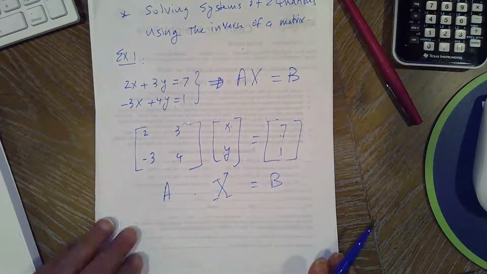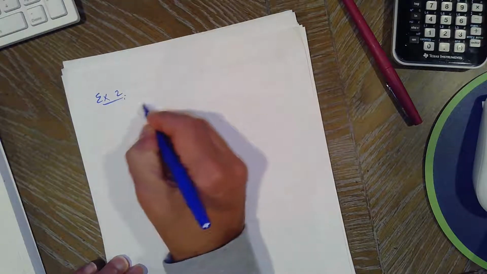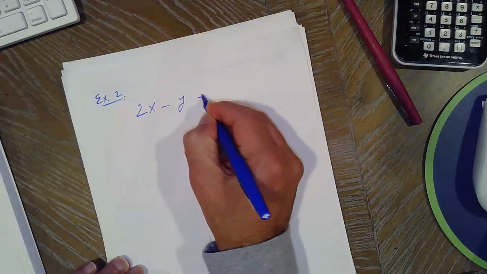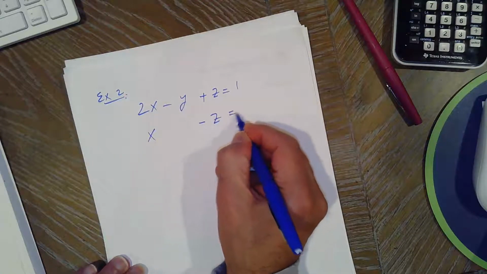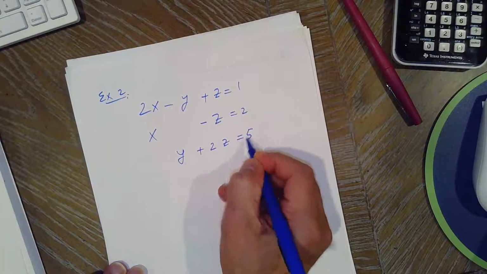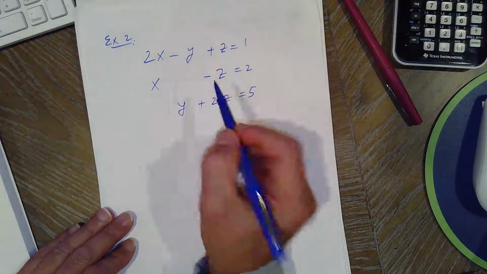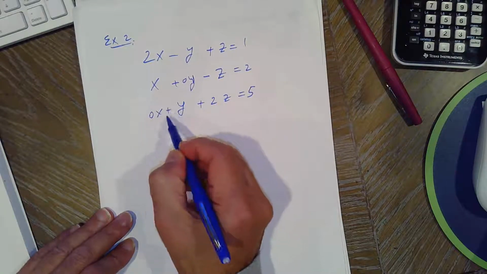Okay. Here's another example. 2x minus y plus z equals 1, x minus z equals 2, and y plus 2z equals 5. So we're going to write the coefficient matrix. There's no y in the second equation, so it's 0y. There's no x in the third, so it's 0x.